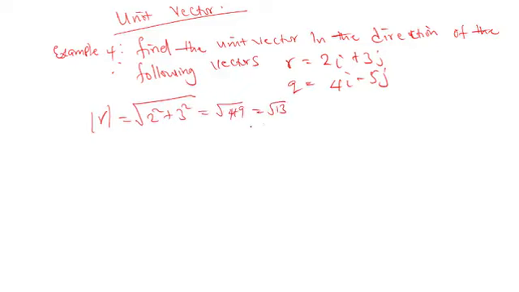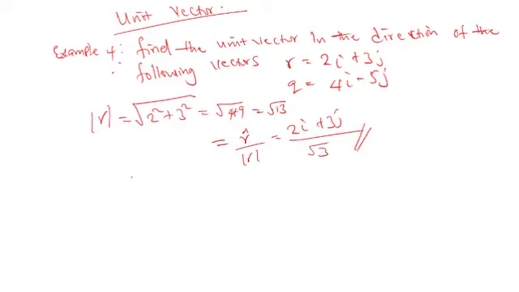So the unit vector becomes R over the magnitude of R, which is 2i plus 3j all over root 13. That's all.